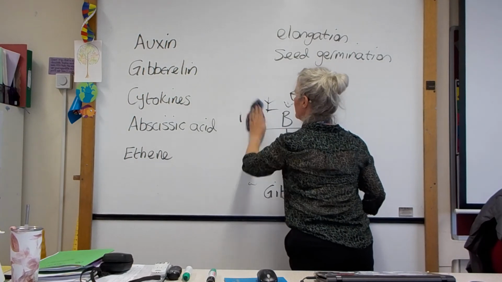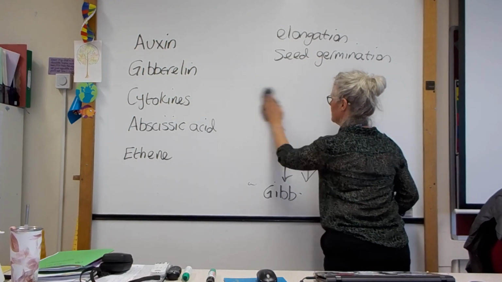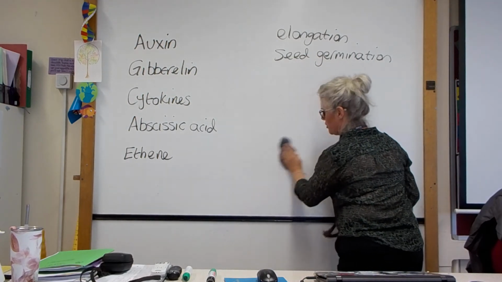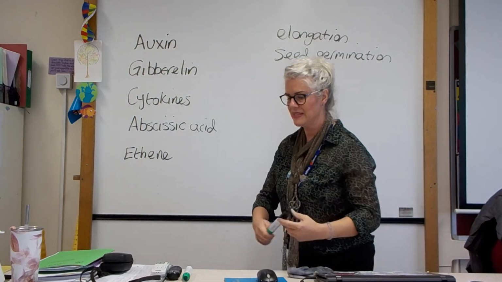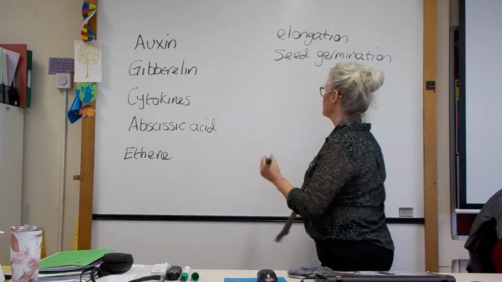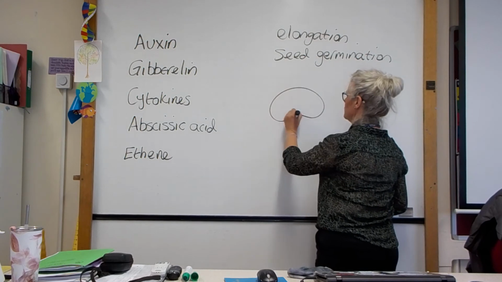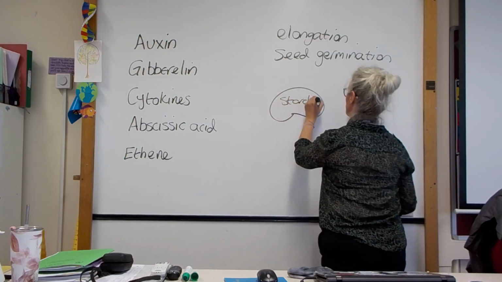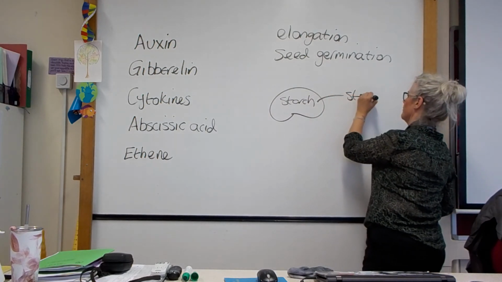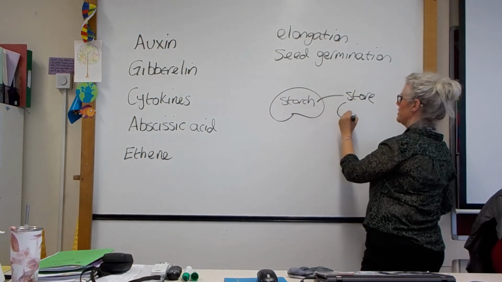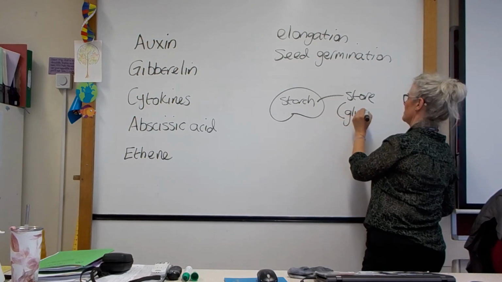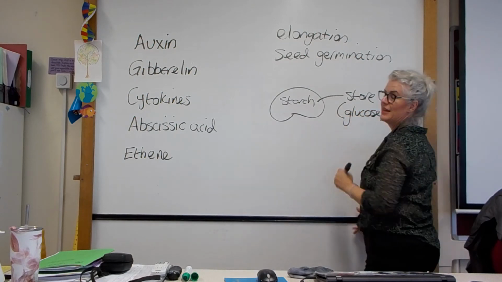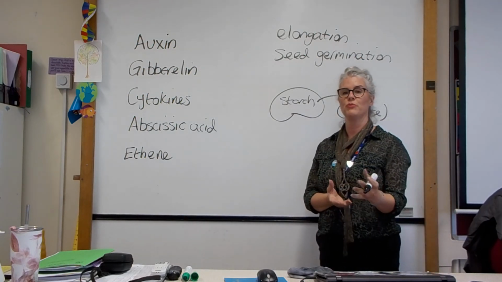Right, and so then the next bit with gibberellin is seed germination. Now, in seeds, you've got a store. Inside your seed, you've got starch, and your starch is a store of energy. That starch can be broken down into glucose, and then that glucose can be respired.